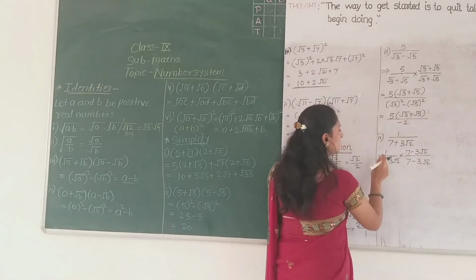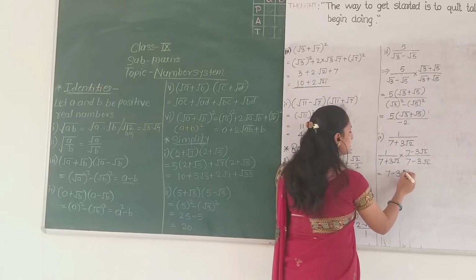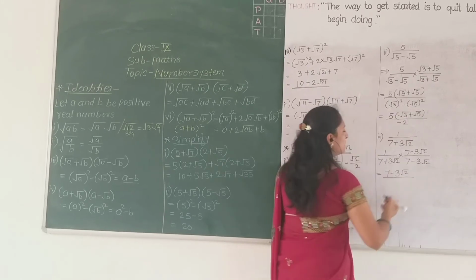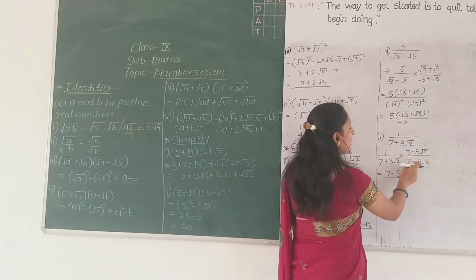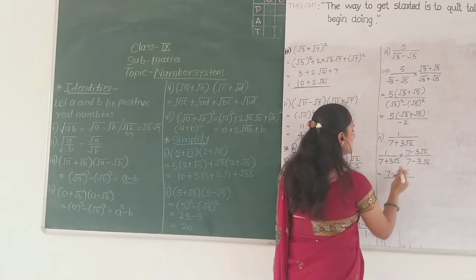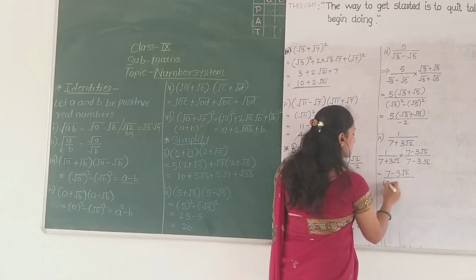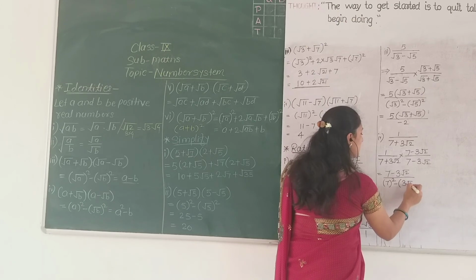Okay. So now tell me, 1 into 7 minus 3 root 2 is 7 minus 3 root 2. And in the denominator, a plus b into a minus b, that means it is an expansion of a square minus b square.